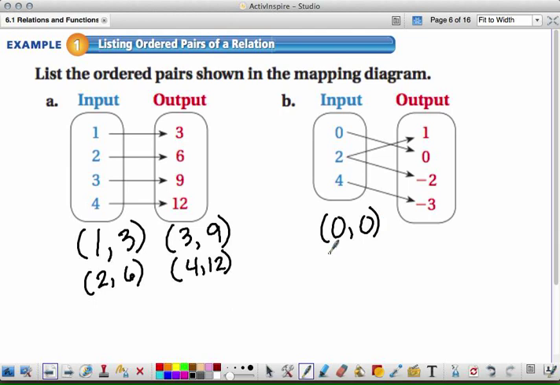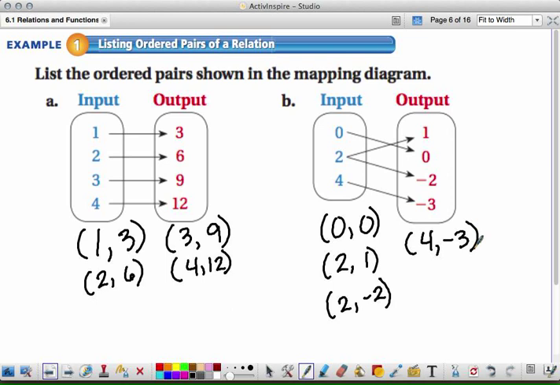If you look at 2, 2 actually has two outputs. It has an output of 1, and 2 also has an output of -2. And if you'll notice, we listed those as two different coordinates. And we also have an input of 4 that produces an output of -3.